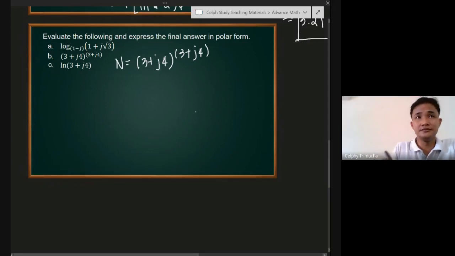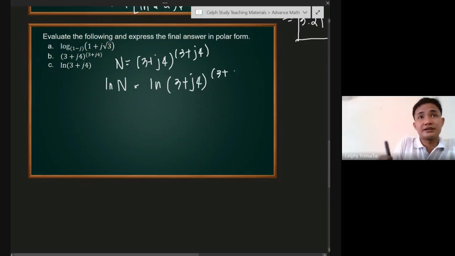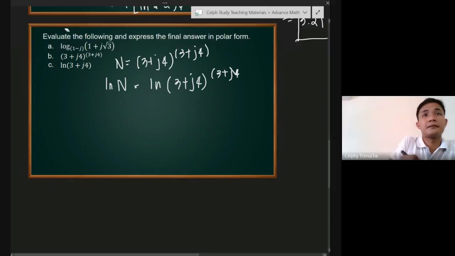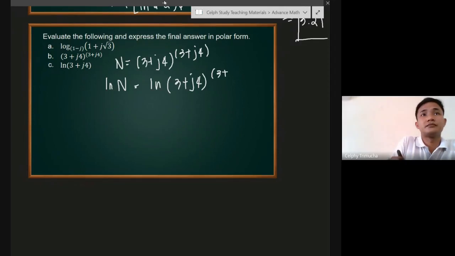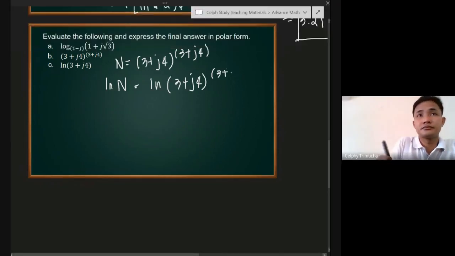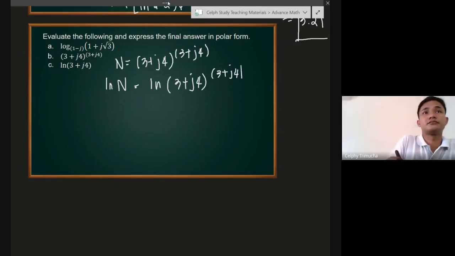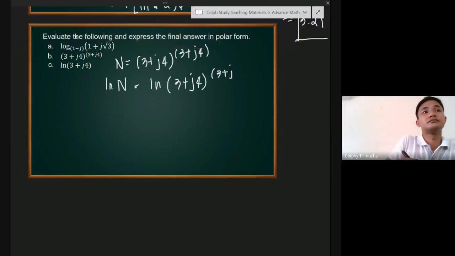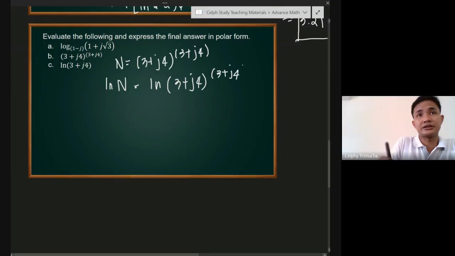So we'll have ln of n is equal to ln of 3 plus J4 times 3 plus J4.